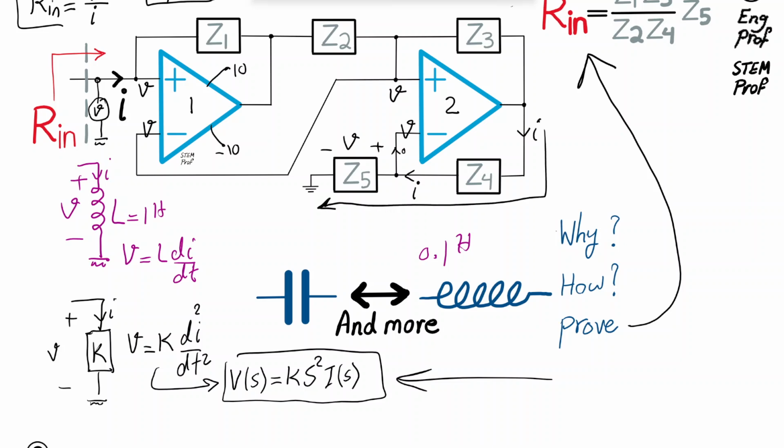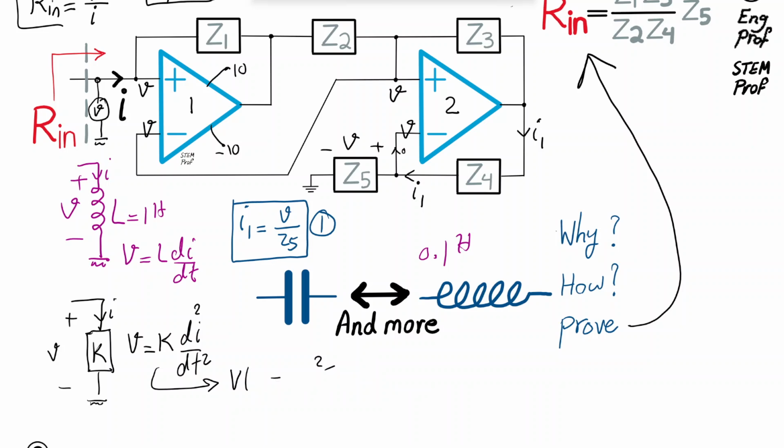Let's refer to it, for now, just to avoid confusion, as I1. So this current I1 is simply the voltage V across Z5 divided by Z5. So that's equation 1.